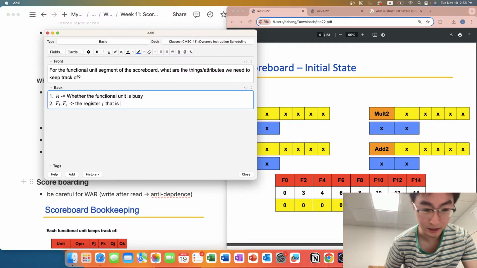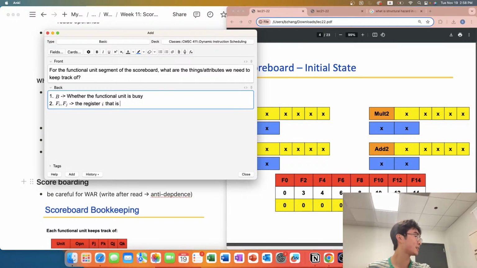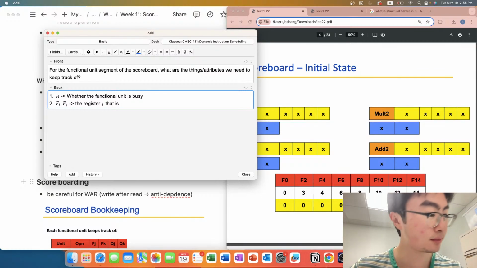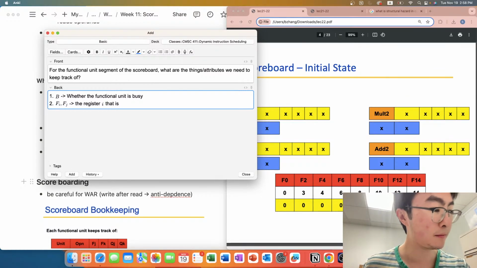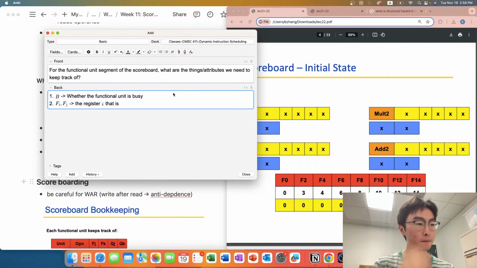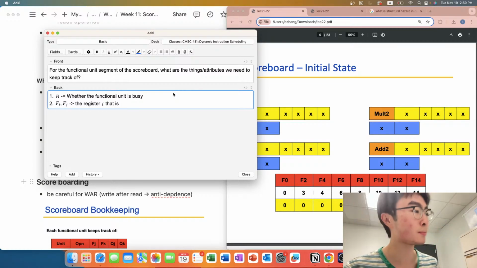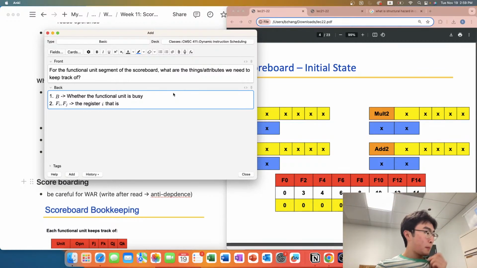There's like hella rust on some of these cables over here. It's kind of nasty. Yeah, oh well.